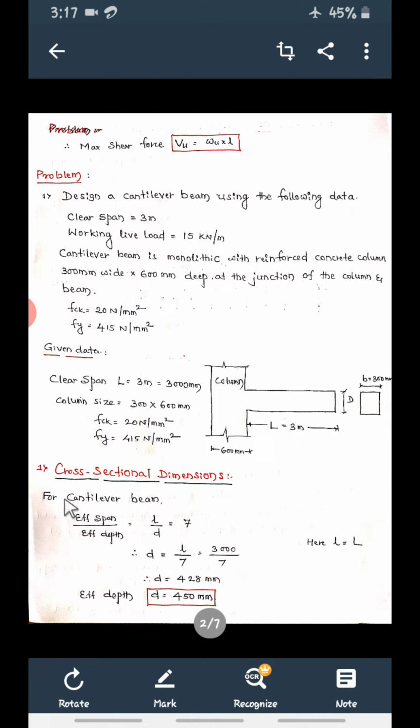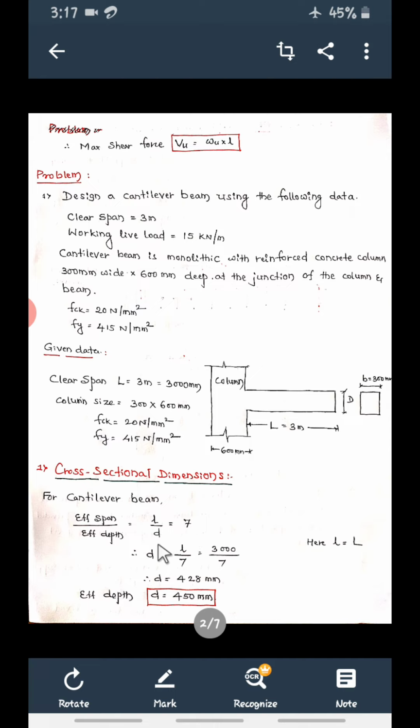Now remember, in a simply supported beam, what have you taken? The L by d ratio for a simply supported beam is 20. The same thing we have discussed: when it is a cantilever beam, L by d, that is effective span divided by effective depth, will be taken as 7. For simply supported we have taken 20, but for cantilever the L by d ratio is equal to 7.